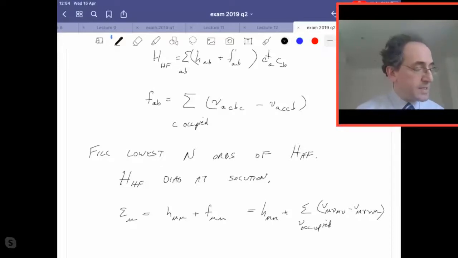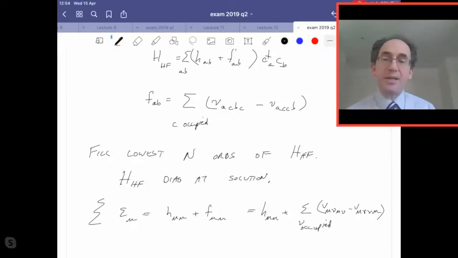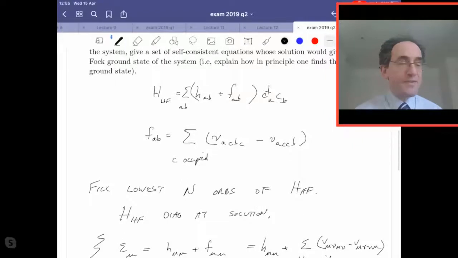Anyway, this last line is probably not essential. Part of the answer, I think the things above are probably sufficient.